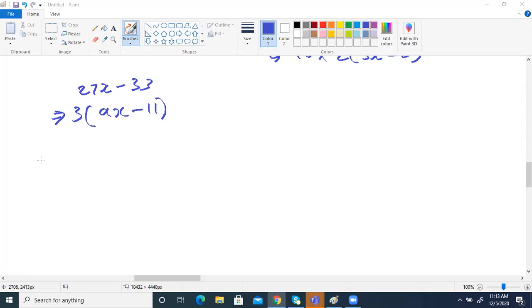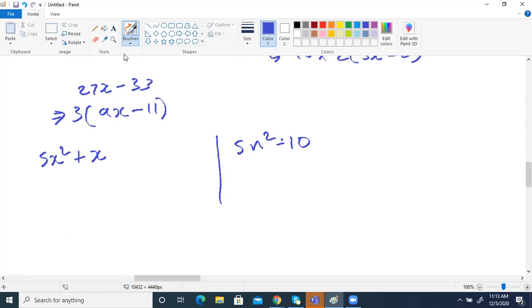What about something that looks like this? 5x squared plus x, and even say 5n squared minus 10n.